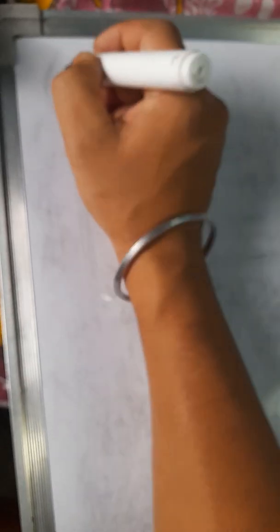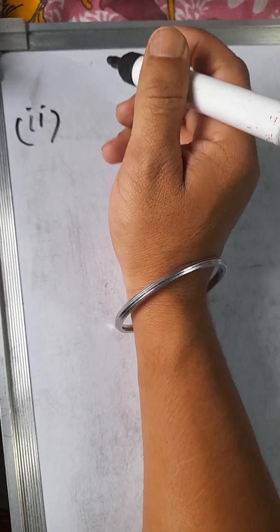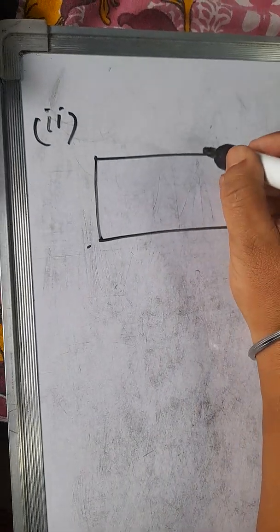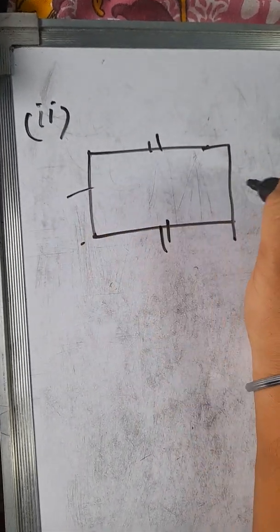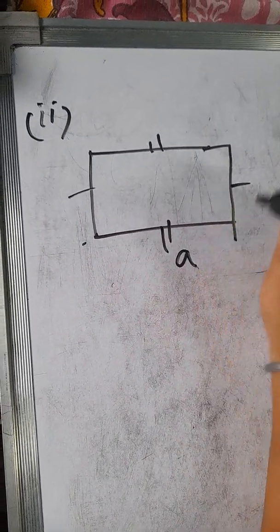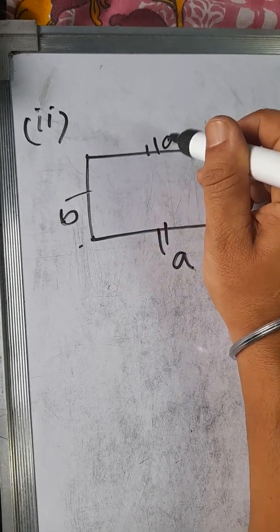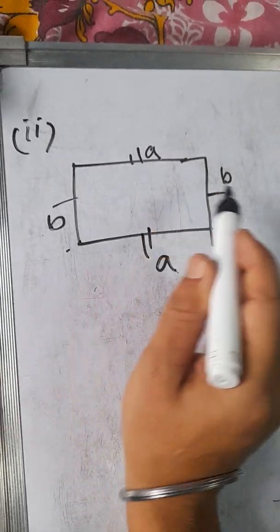Now we'll do the next question, question number 2, which is similar to question number 1. A rectangle of length... Rectangle means two sides are equal. This one is A and this one is B, so by writing the letters A and B we come to know that these sides are equal.